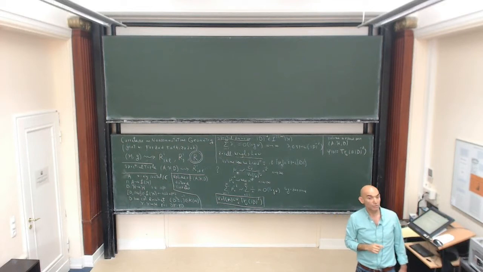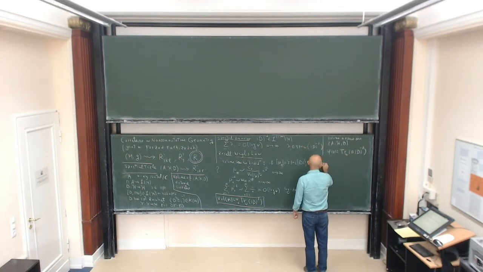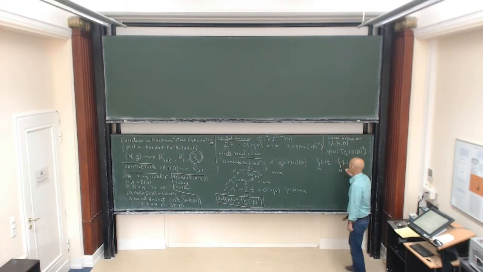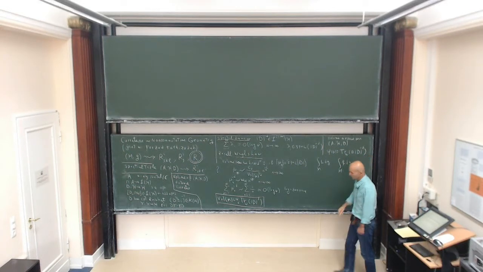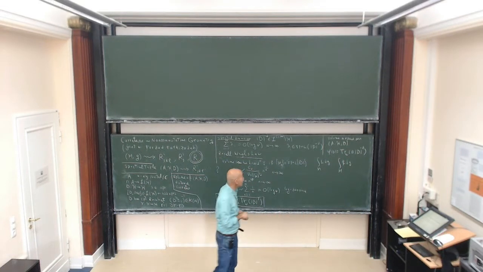So not only can we compute the integral of 1 dg over M, in fact, we can compute the integral of f dg over M, for any f. So this is just volume, but this is really the measure. And similarly here, we can also compute the volume measure by this formula.